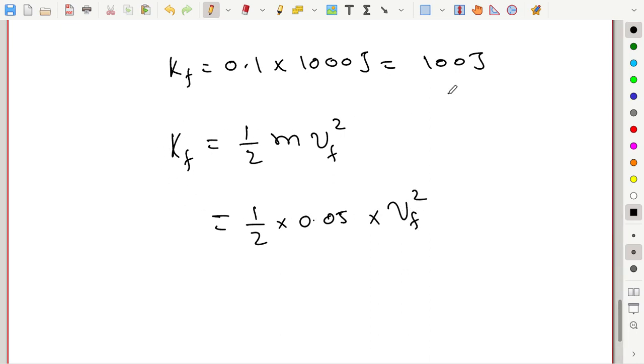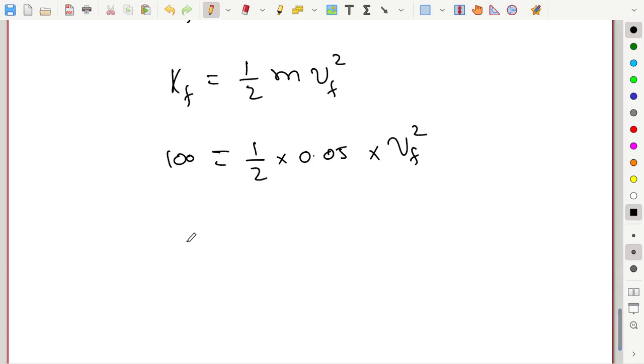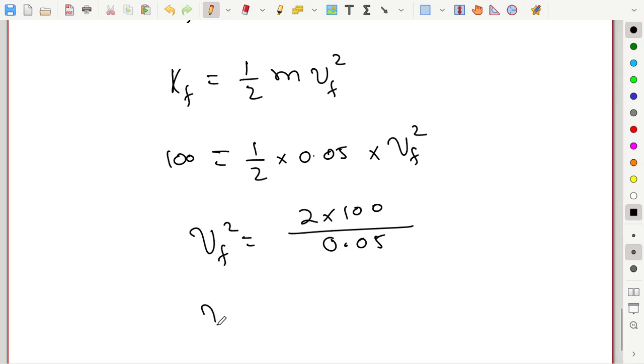This side we have calculated, which is 100 joules. Therefore, rewriting this equation, vf squared equals 2 into 100 divided by 0.05, or vf equals root of 2 into 100 divided by 0.05.